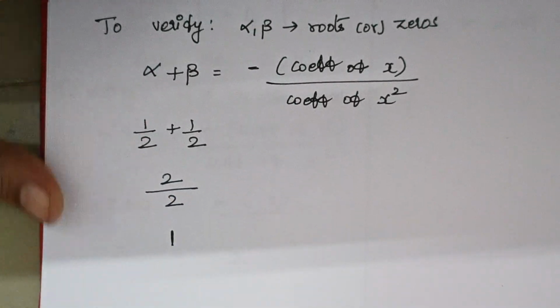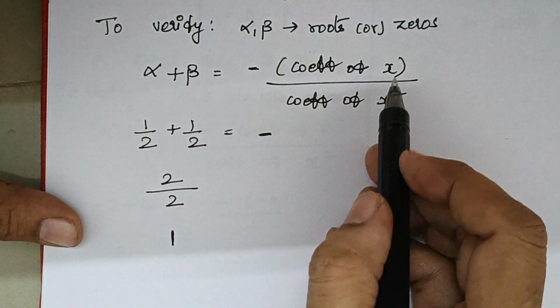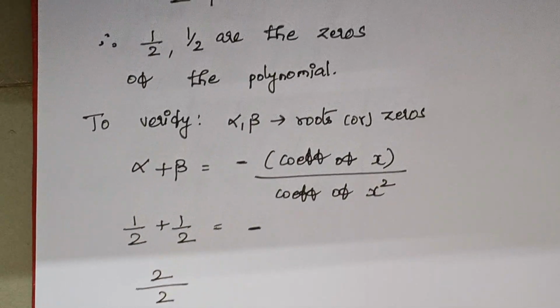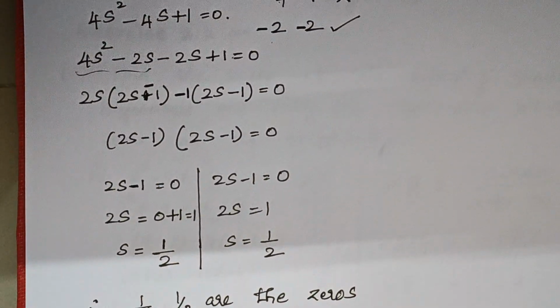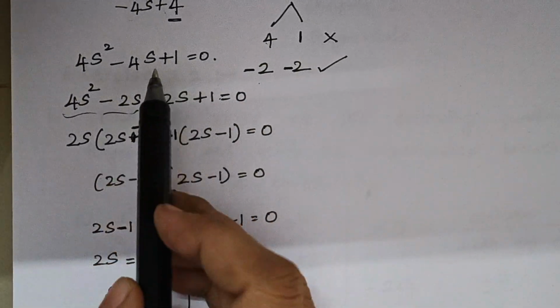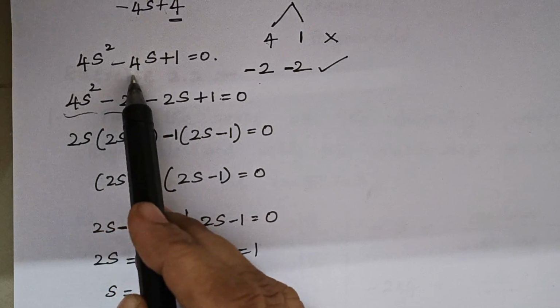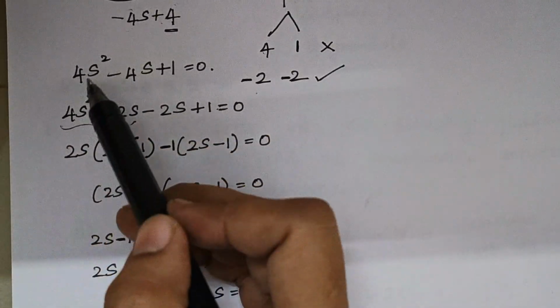Now let us check minus coefficient of x. What is meant by the coefficient of x here? From the given problem, the coefficient of x is minus 4, so just write minus 4. And what is the coefficient of x square?